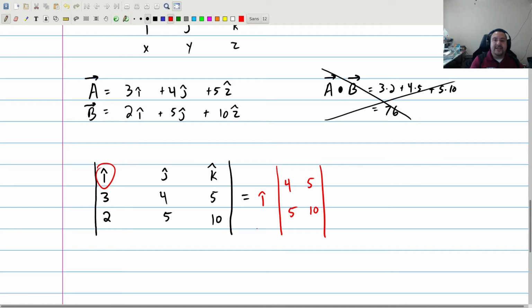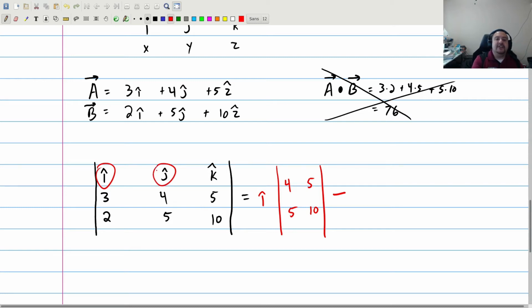All right, then we are going to subtract. And each of these pieces is going to alternate. So it's positive is the first one, negative is the second one, positive is the third one. So there's a minus sign there. And right here, we're going to look at j hat now.